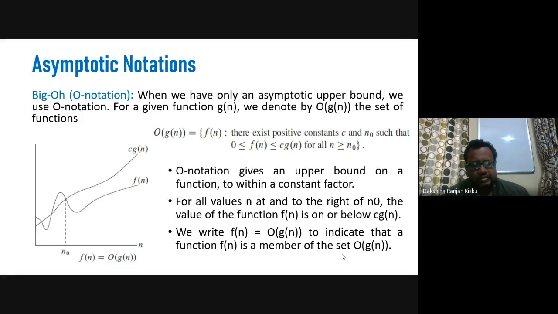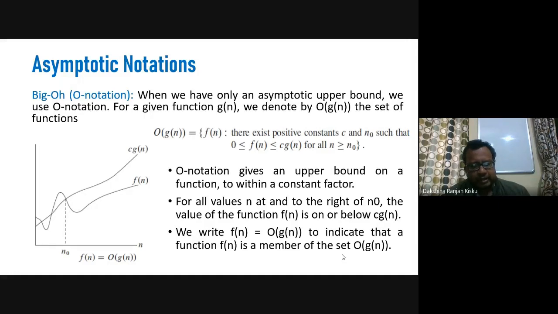Here the x-axis represents the input and the y-axis represents the time. The trade-off between input and time gives us these functions f(n) and c·g(n). If we consider another function c·g(n), it is found to be greater than f(n) after some point n0 on the input.